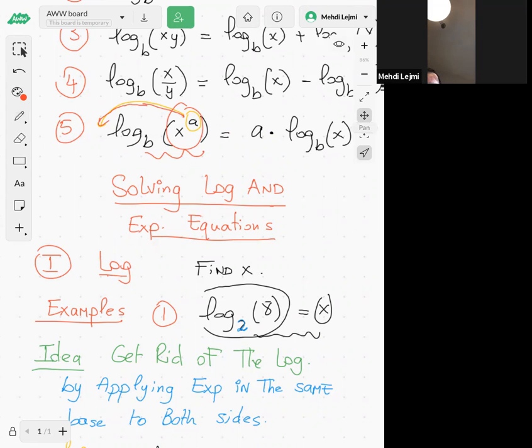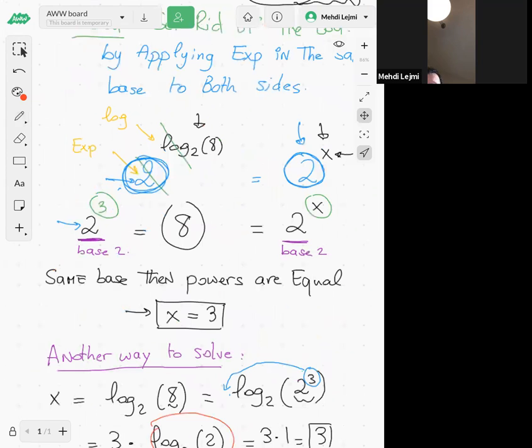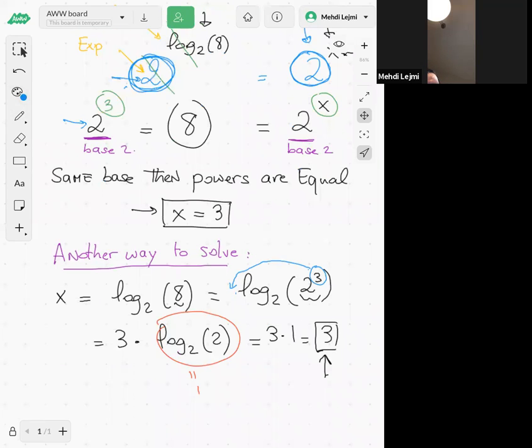Here we have this power 3, so I can move it to the front of the log. That's why we have 3 times log in base 2 of 2. Then log in base 2 of 2, like log in base b of b, is equal to 1. So that's why I got 1 here, and 3 times 1 is just 3. Okay. Thank you. Mm-hmm.